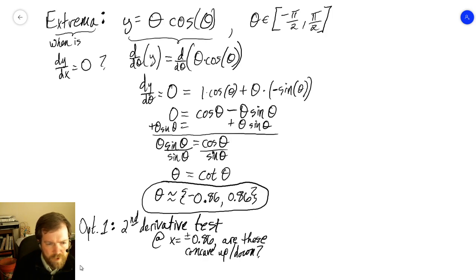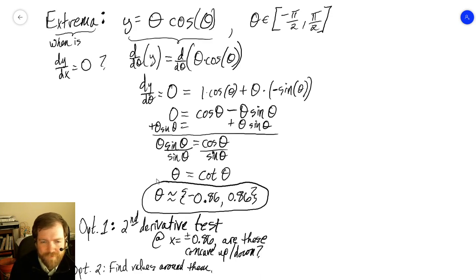Option two would be, it's a little silly, but find values around them and see what you get immediately surrounding these values.